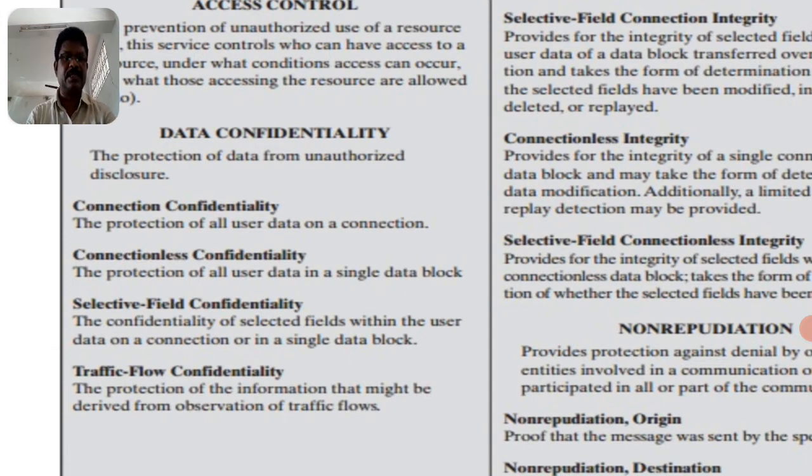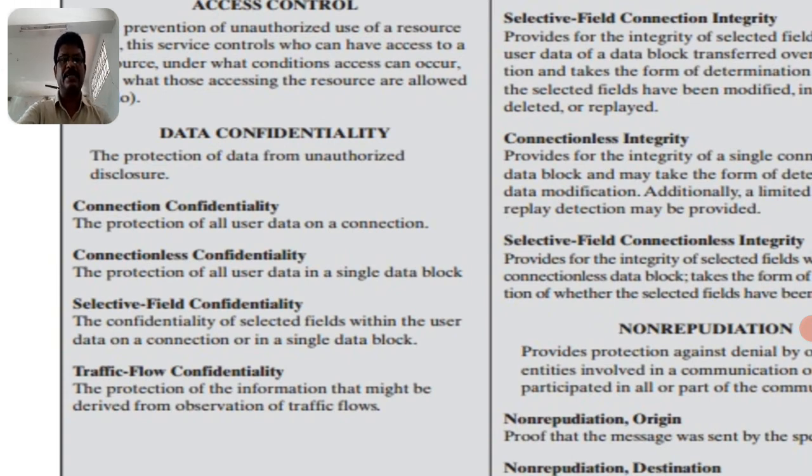The second one is connectionless confidentiality. This is nothing but the protection of all user data in a single data block. That means all the data is taken in one single block, and that single block is provided security. For example, by using a URL, we request a connection to the server, which is the connectionless service.